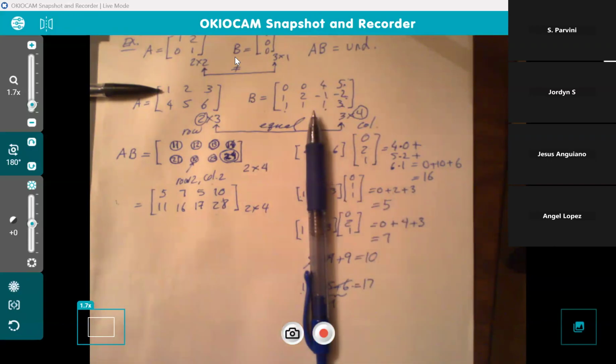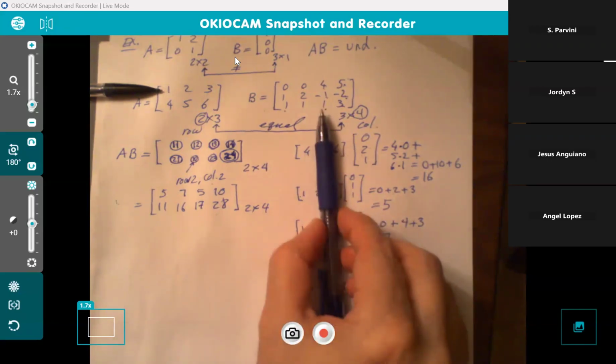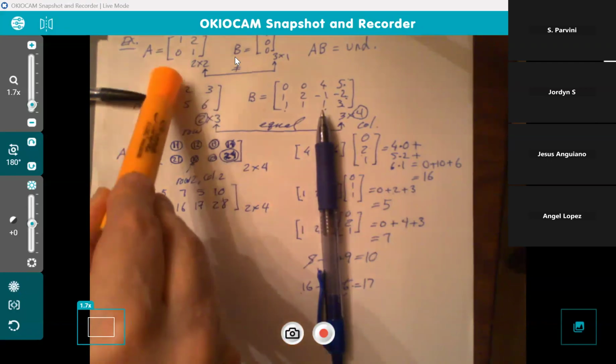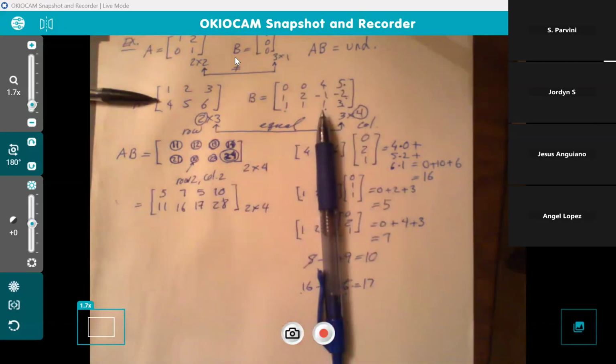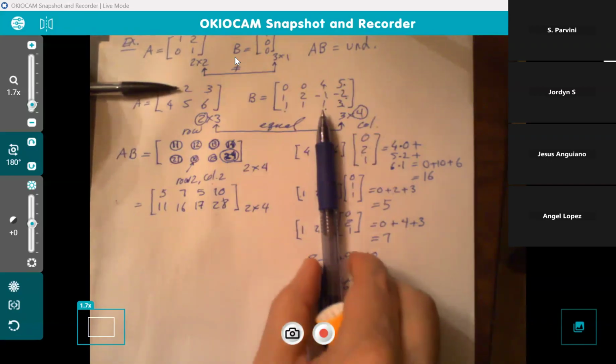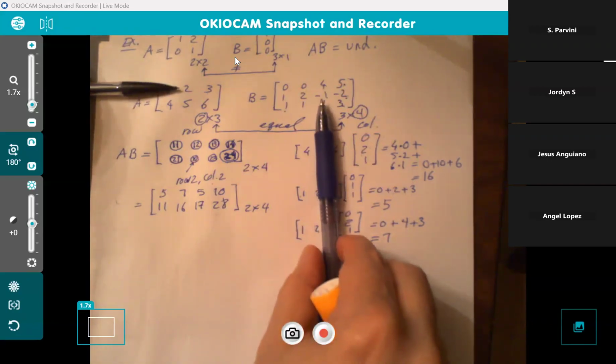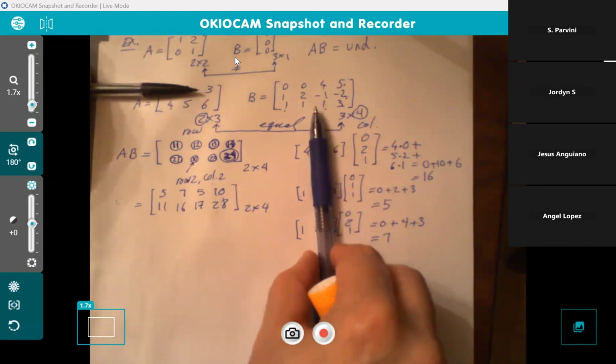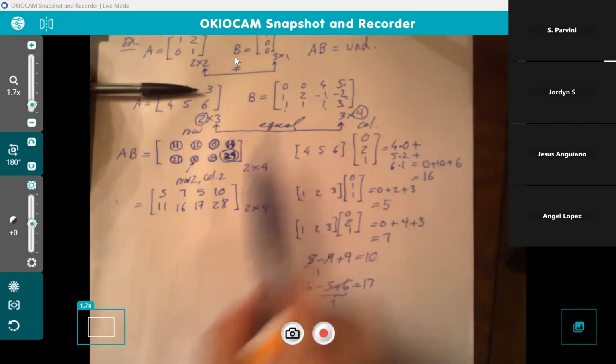I'm going to keep my markers here. First row, third column. So you got to do 1 by 4. That's 4. And then it's going to be 2 times -1. Remember, 4 and -2, so that's 2. And then 3 times 1 is 3. So 2 plus 3 is 5. Right? So it's going to be 5.